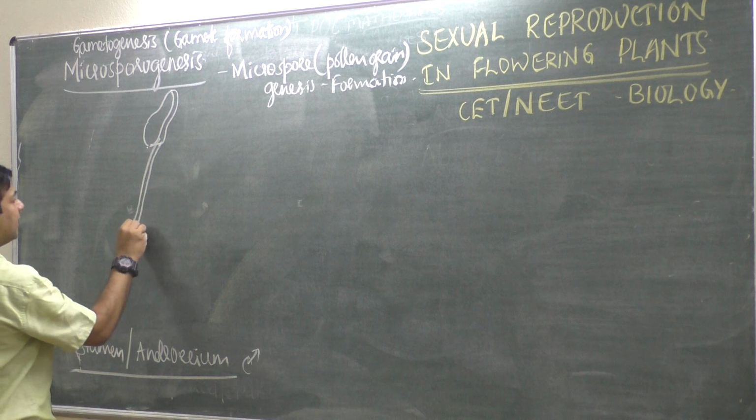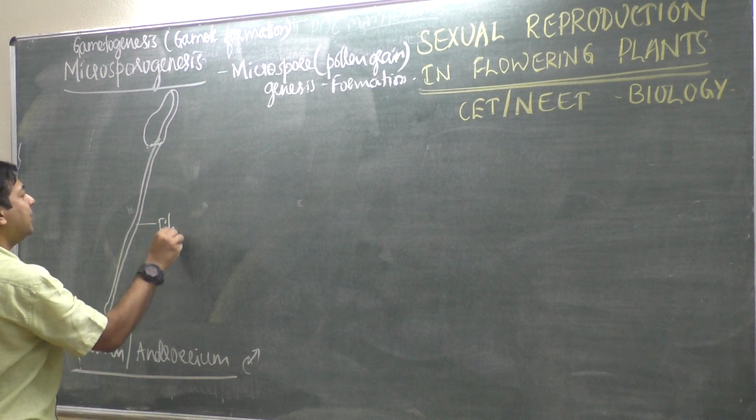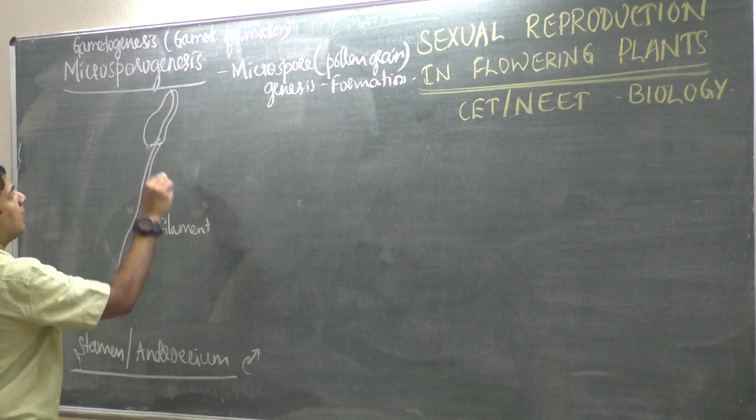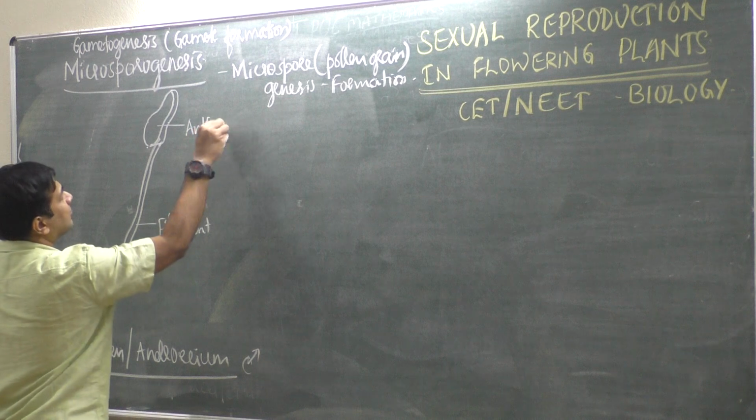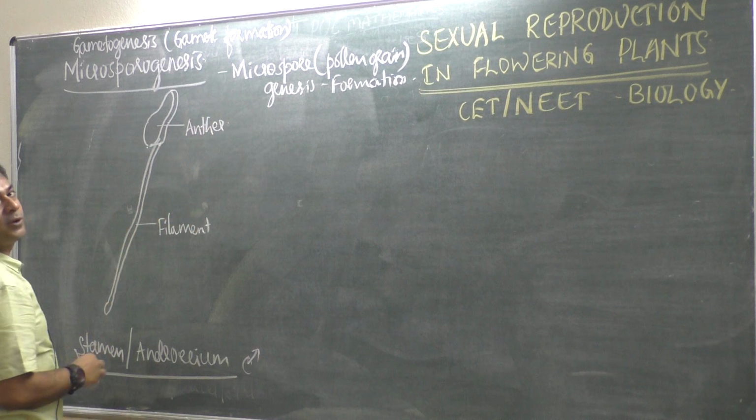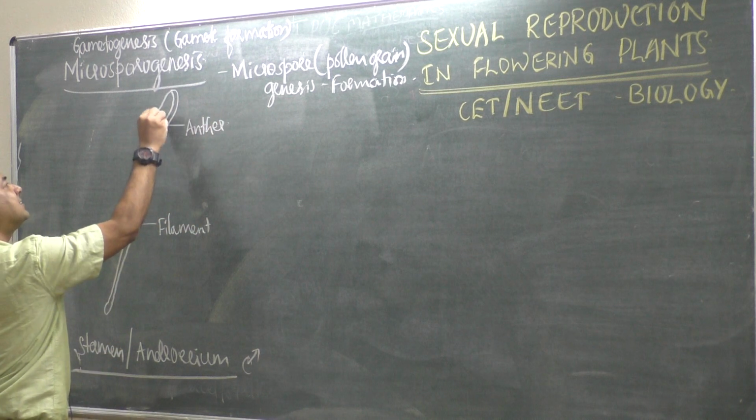This long, elongated, stalk-like structure is called the filament, and this bulbous structure is the anther. The microspores, or pollen grains, are produced inside the anther.